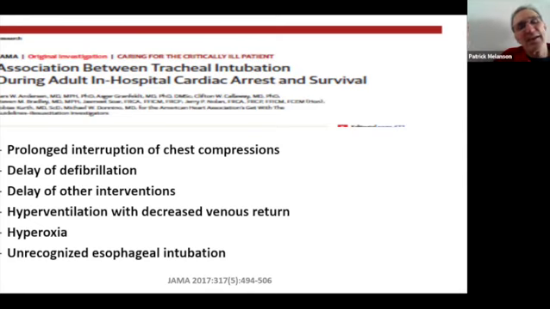And again, I think ideally people should be able to intubate these patients without interrupting chest compressions. It does require a higher level skill, but that's the level of skill that we should be aiming for. There's also a delay of defibrillation, the delay of other interventions, hyperventilation with a decrease in venous return, hyperoxia, which may be detrimental, and unrecognized esophageal intubations.